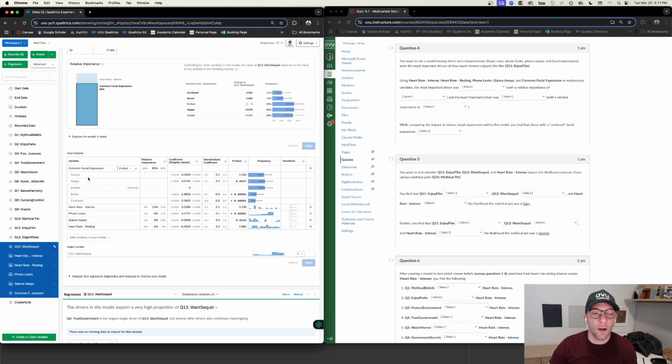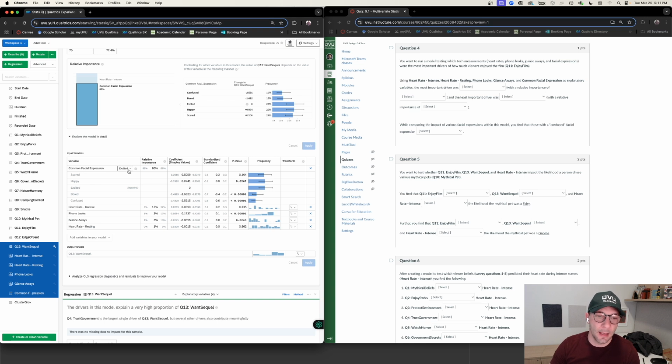Okay, these are all the facial expressions: scared, happy, excited, bored, confused. And if you notice, here's a baseline. So depending on how the question is worded, we're going to want to choose one of these as our baseline.